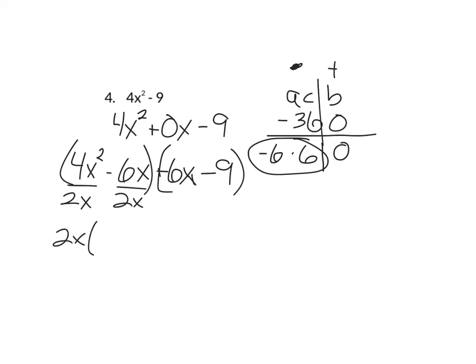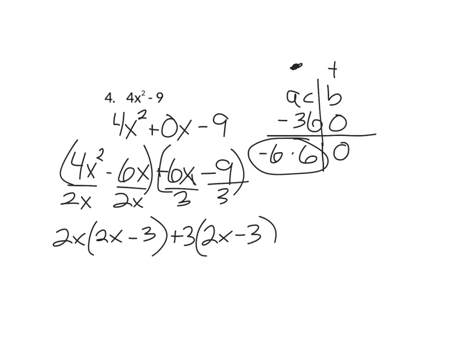So 2x is out in front. Divide, we get 2x minus 3. Second set, 6x and negative 9. They're both divisible by 3, positive 3. So we're going to take a positive 3 out. And we also get 2x minus 3 when we divide.